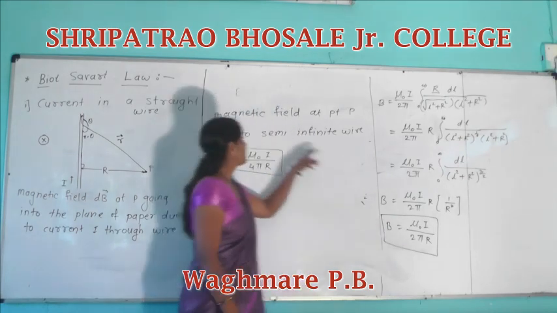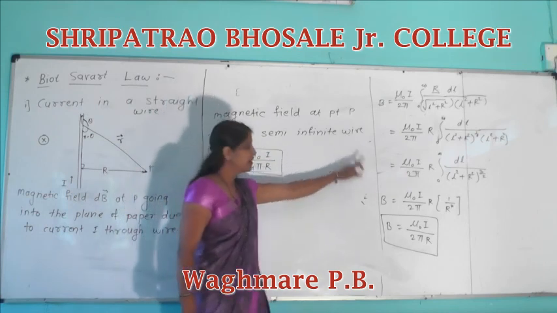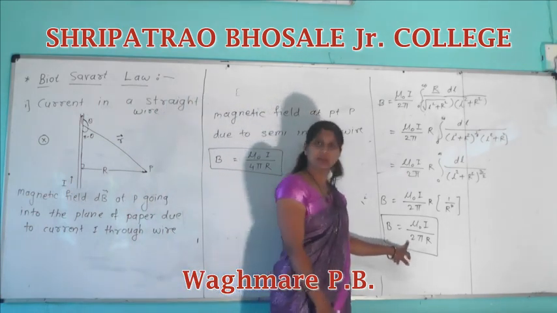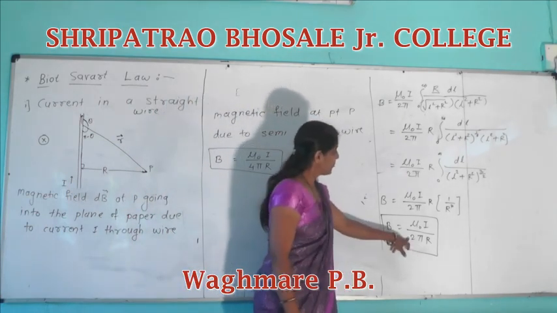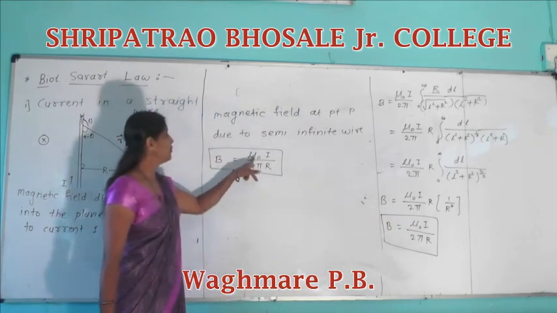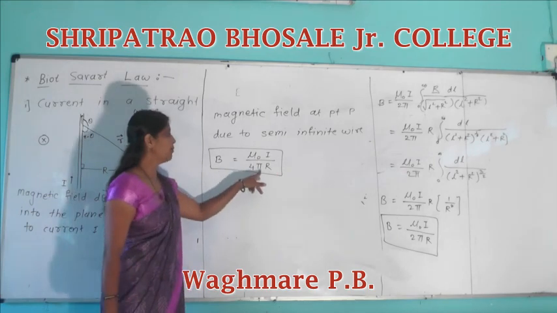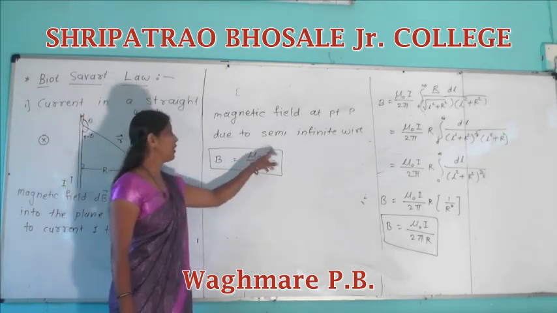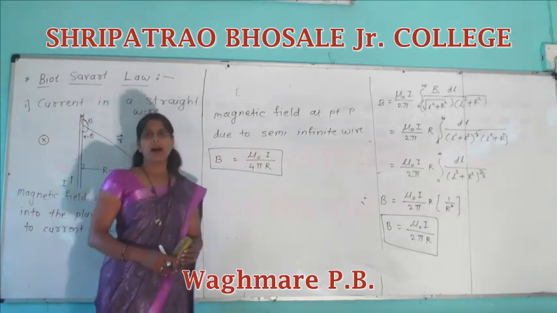For the semi-infinite wire, dividing this equation by 2, we will get mu naught I upon 4 pi R. B is equal to mu naught I upon 4 pi R.